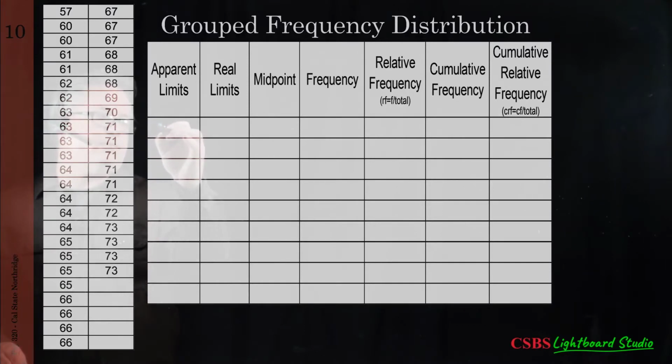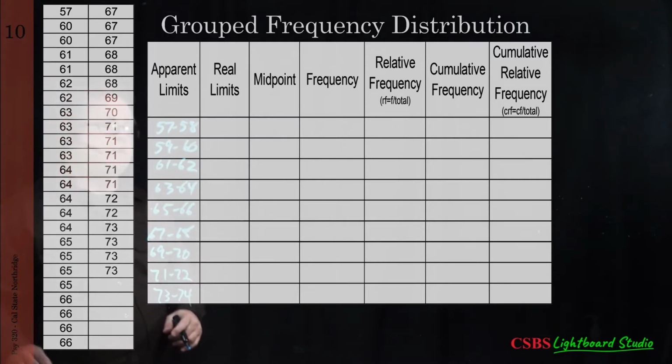My first interval is going to be 57 to 58, and then 59 to 60, 61, 62, and so on, 69 to 70, 71 to 72, and down here we have 73 to 74.